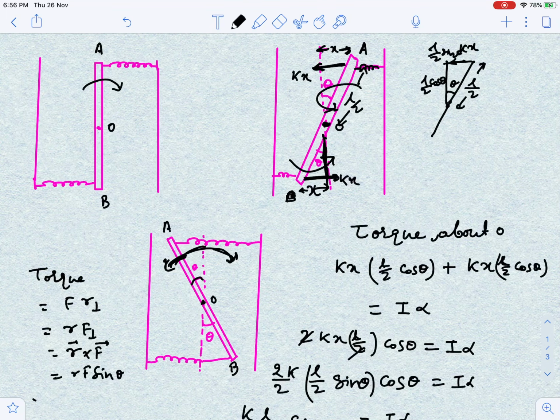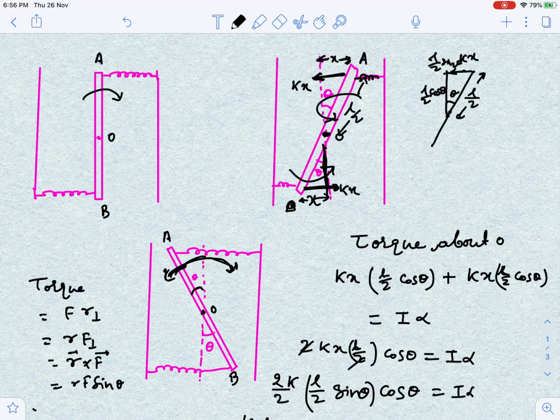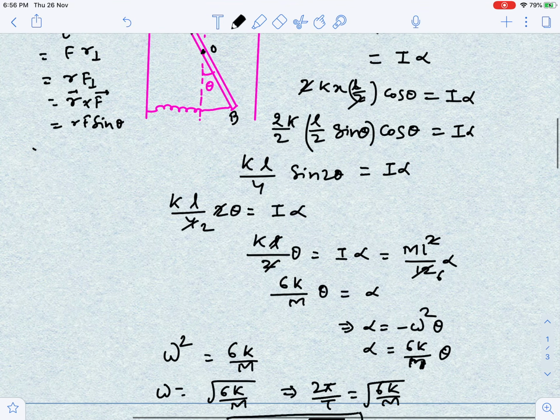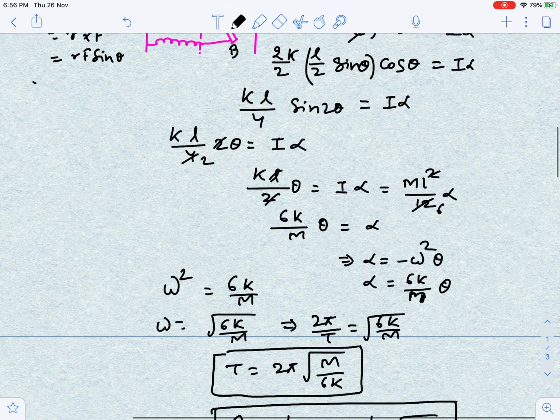All the formulas of torque you should keep in mind. I applied force kx in this direction and r perpendicular as L by 2 cos theta. So the torque about O for the upper and lower points is kx L by 2 cos theta plus kx L by 2 cos theta. Then we equated it to I alpha and solved it like this. You can do this to solve this question.